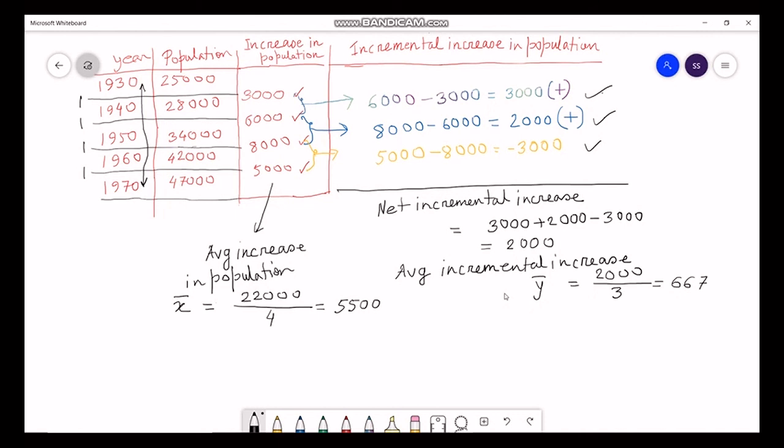Now, in order to calculate the population in 2000 as per the incremental increase method, we need to apply this following formula, that is population of 1970 plus n x bar plus n multiplied by n plus 1 by 2 into y bar.